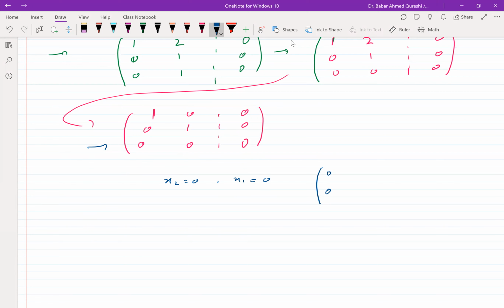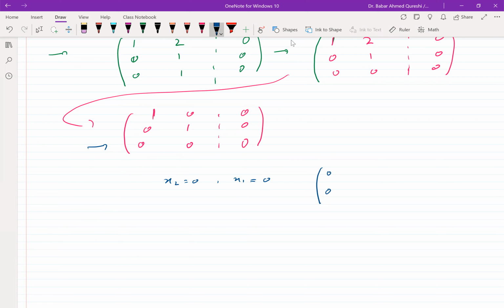So therefore, R of A transpose is a two-dimensional subspace spanned by these two vectors. And I can explicitly write it as an arbitrary linear combination of these two, something like this.